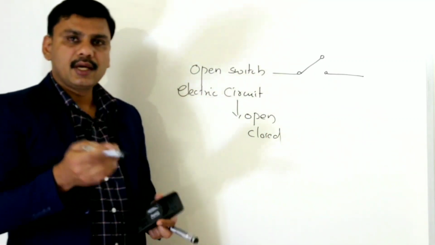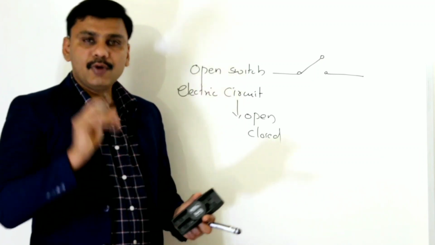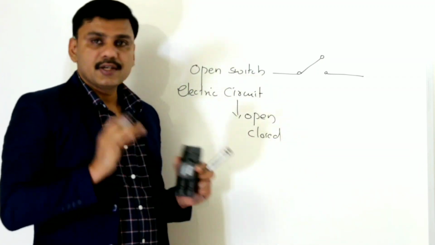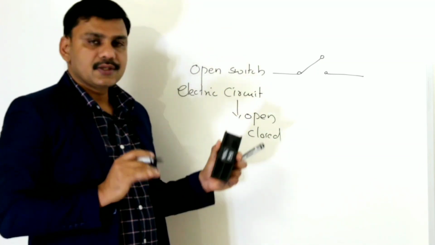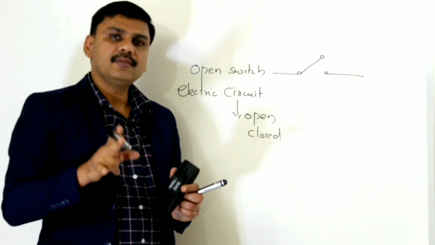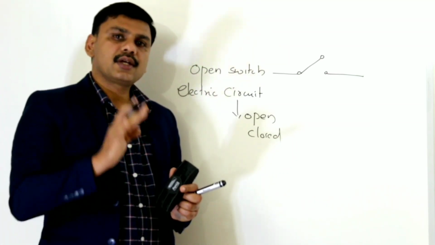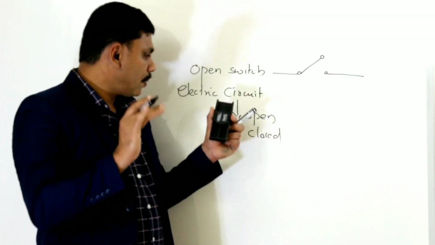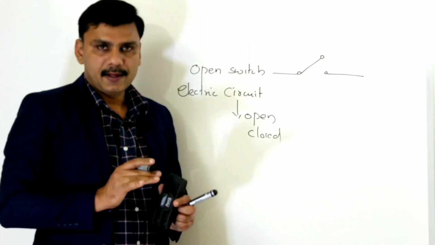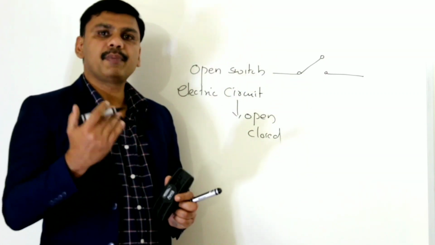So you can make an electric circuit open or closed. How will you make it? By using a switch. If the switch is closed, the circuit becomes a closed circuit. And if the switch is open, the circuit becomes an open circuit.